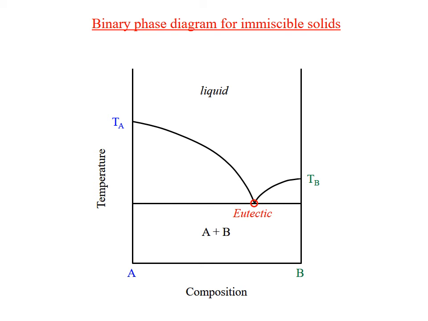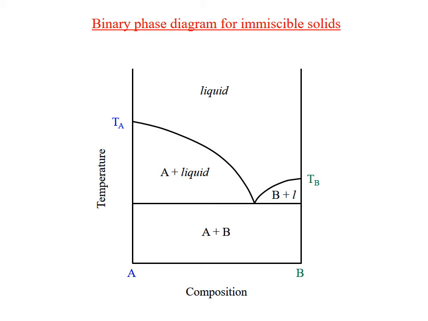And from the eutectic point, we will have a straight line in temperature to pure A and pure B. So in the bottom region, we've got a mixture, two-phase region, solid A and solid B. In between there and the liquid, on the A-rich side, we will have a two-phase region of solid A and a liquid. And on the right-hand side, we will have a two-phase region consisting of solid B and a liquid.